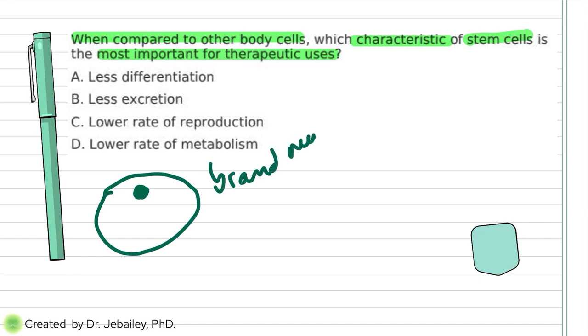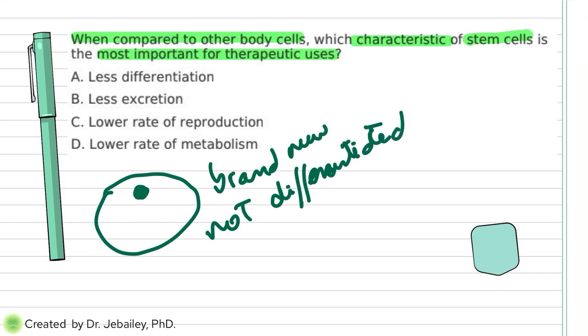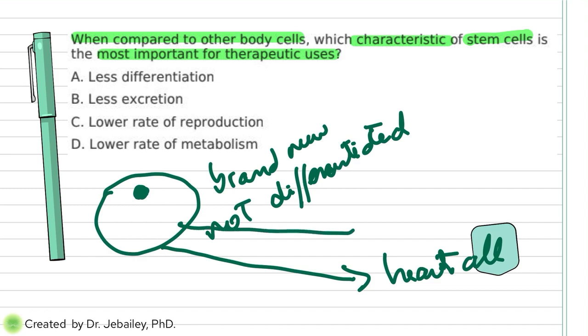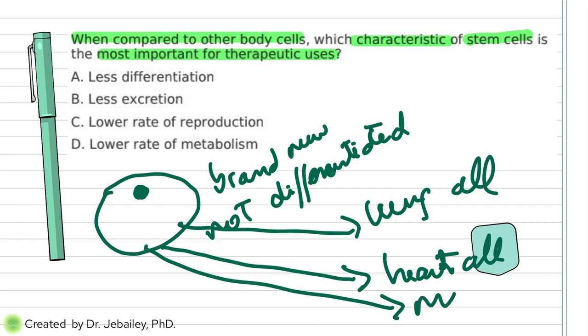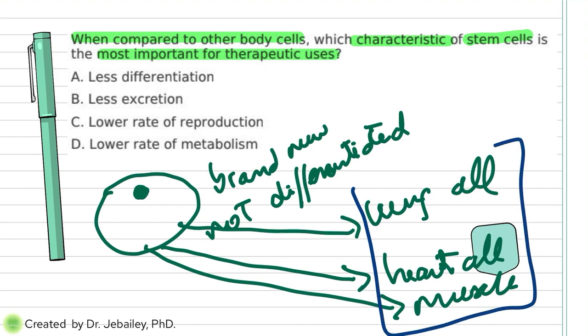And when I say brand new, it's the same thing as saying that they are not differentiated. What does this mean? Not differentiated means they don't have a specific job yet. So this is a stem cell, and then eventually it can become a heart cell, right? Or this stem cell can become a lung cell, or it can be a muscle. Now, these guys, the lung cell, the heart cell, the muscle cell, have been differentiated.